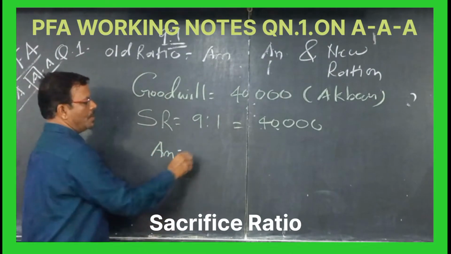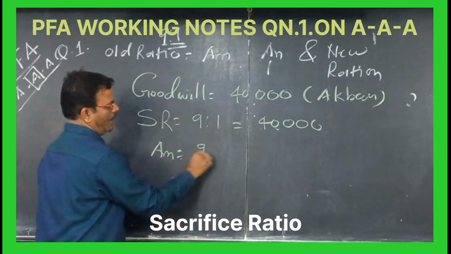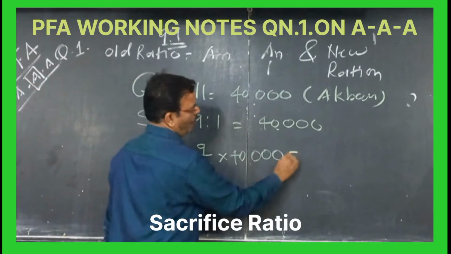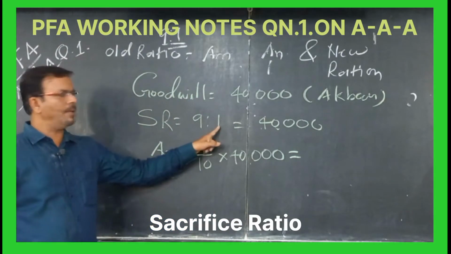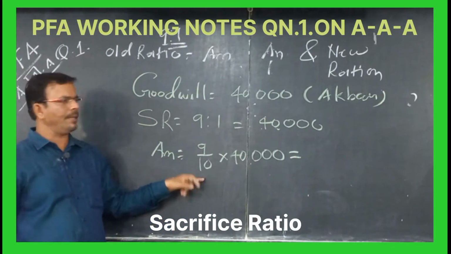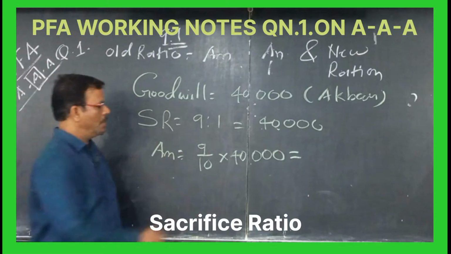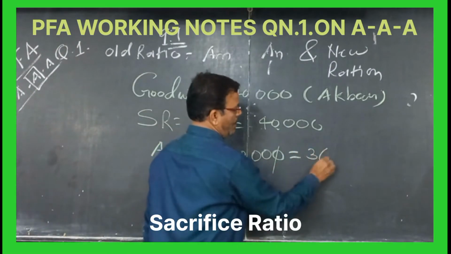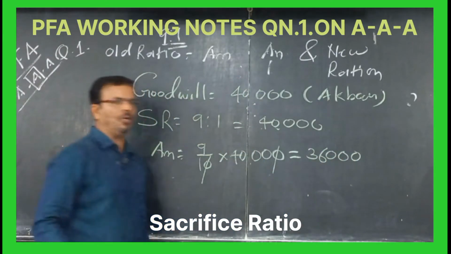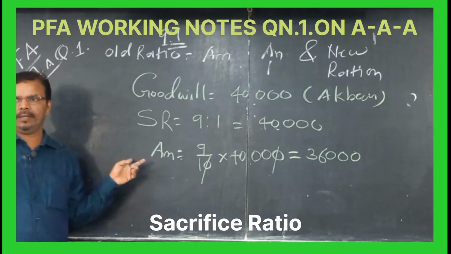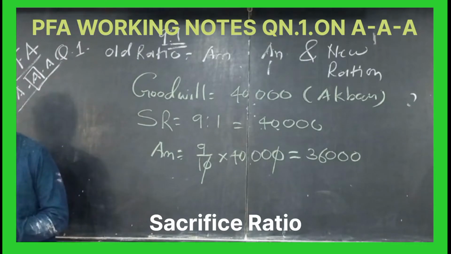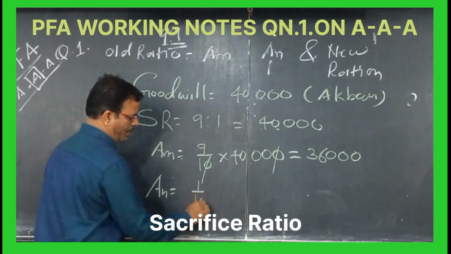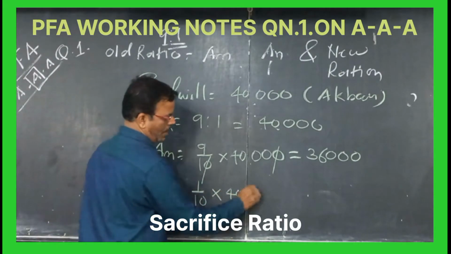So how much do we have to give Amar? 9/10 into 40,000. How did you get 10? 9 plus 1 is 10. So 0 cancels, and 9 4s are 36. 36,000 goodwill will be taken by Amar. Now Anthony. How much to give Anthony? 1/10 into 40,000.